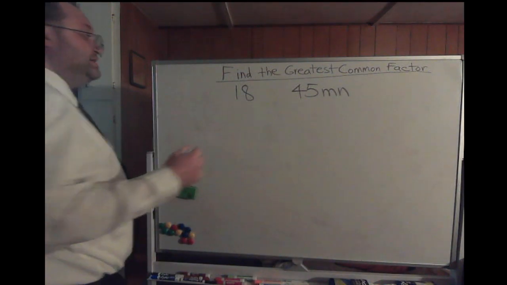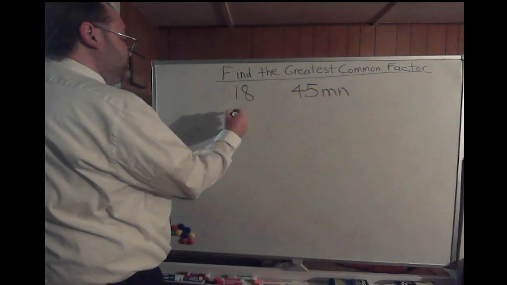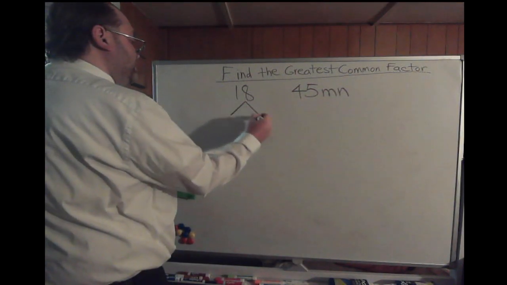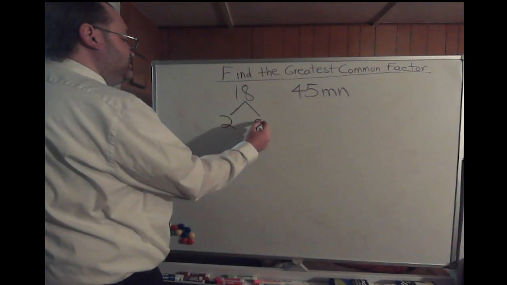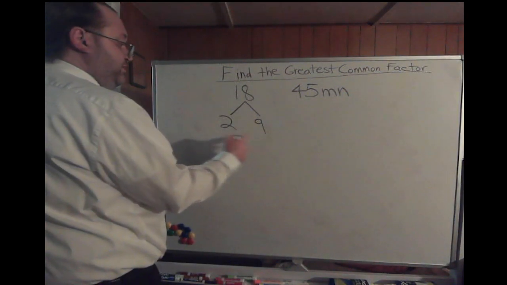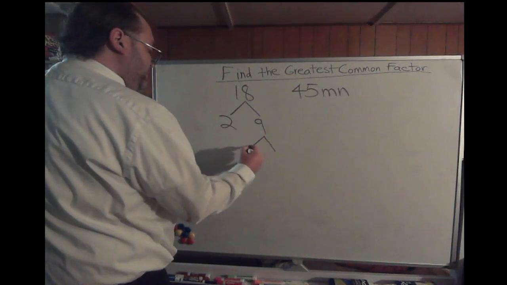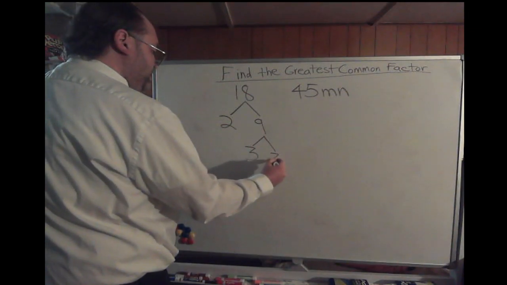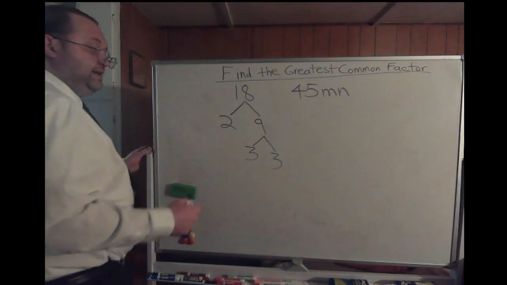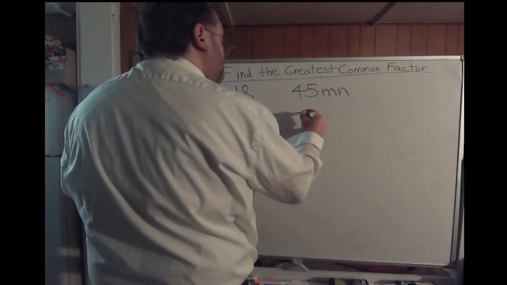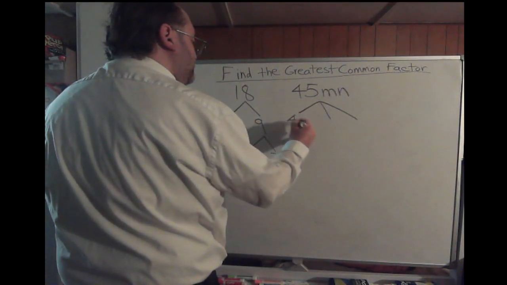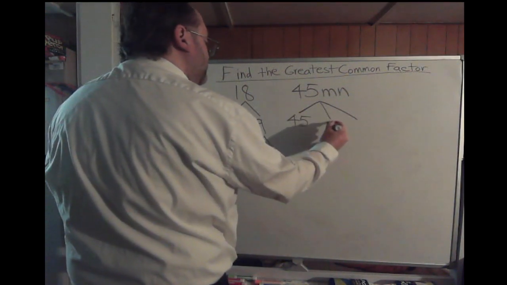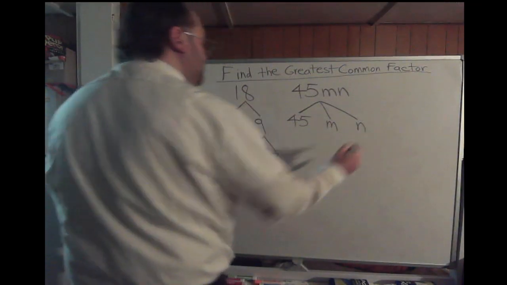Once again, we break it down by its prime factorization. So 18, you have 2 and 9. Those are factors. 2 doesn't break down any further, but 9 does into 3 and 3. We've done and factored 18. That's all we can do there. 45mn, you got 3 things being multiplied, so we can factor out 45, we can factor out m, we can factor out n.